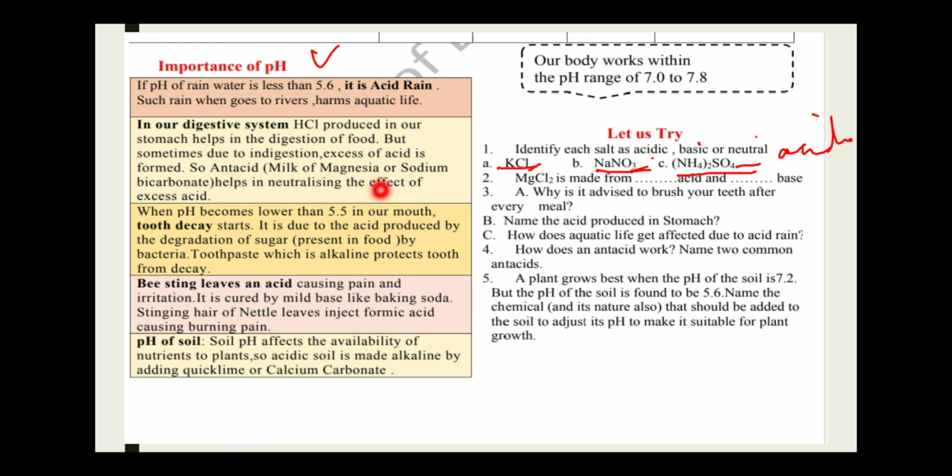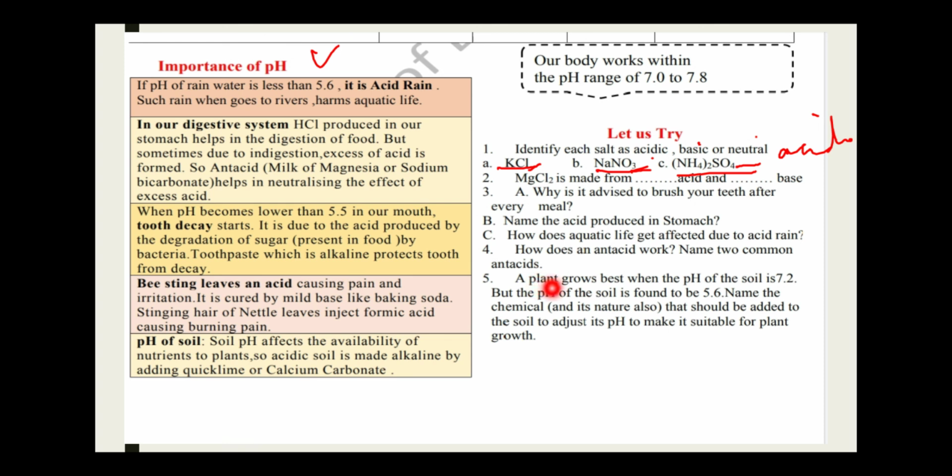They help in neutralizing the effect of excess acid. This is the answer there. And name 2 common antacids: Digene, Eno, Gelusil, as I told you earlier. You can also write milk of magnesia or sodium bicarbonate. These are quite given here.